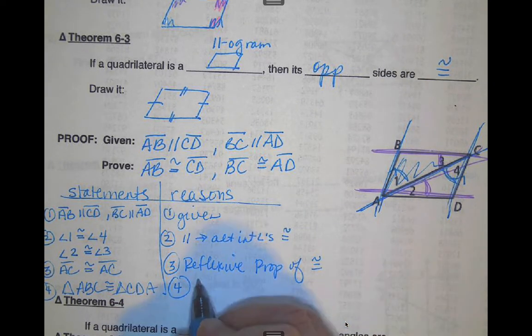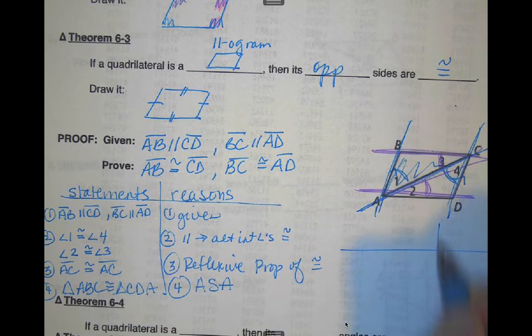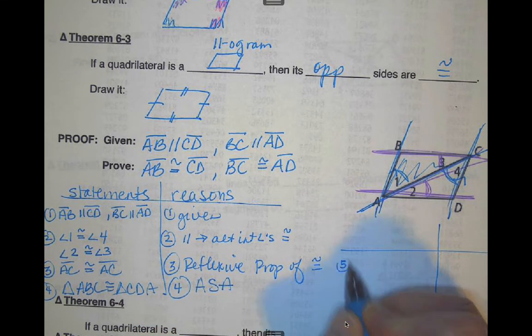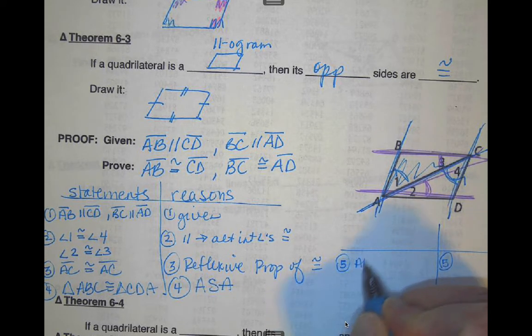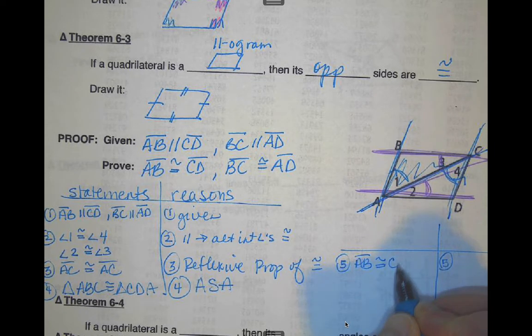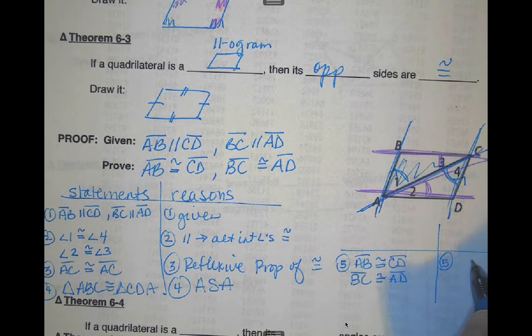Well, you're right, because of angle side angle. And then, of course, if I have these two triangles congruent to each other, it's our favorite reason. I'll know that AB is congruent to CD and BC is congruent to AD because of CPCTC. Yay.